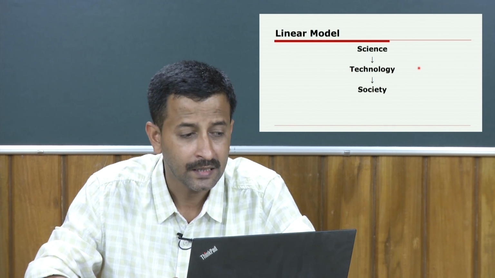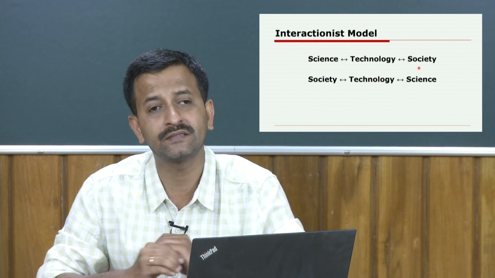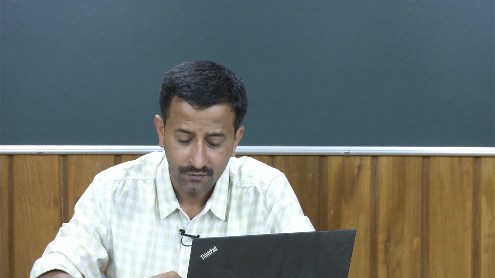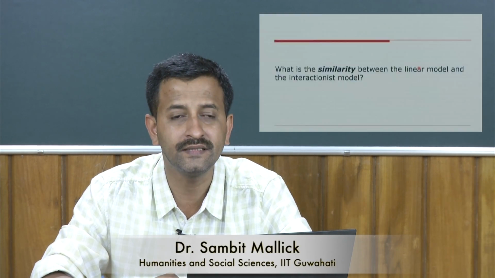If you look at the interactionist model, it suggests that science leads to the development of technology, technology also leads to the development of society, and in turn society also leads to the development of technology and science. Then what is the difference between the linear model and the interactionist model?